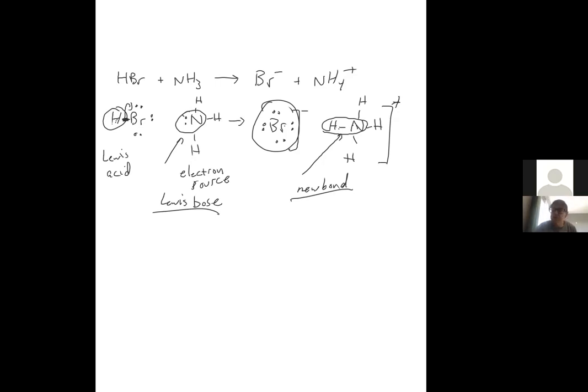As I said, if something is a Bronsted acid, it is necessarily a Lewis acid as well. Let me say it one more time. All Bronsted acids are Lewis acids. Once you identify that something is a Bronsted acid, you also know it's a Lewis acid.